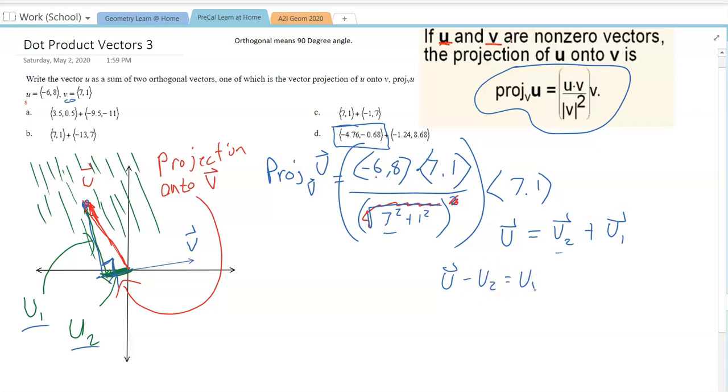And so if I know that u is negative 6, 8, and u2 that I just came up with is negative 4.76, let me rewrite all of that.